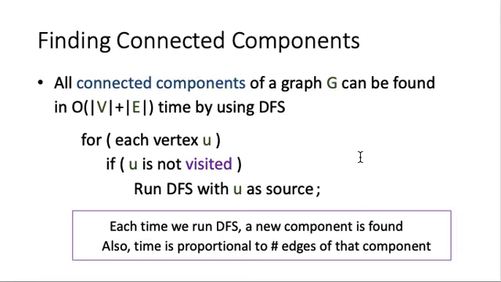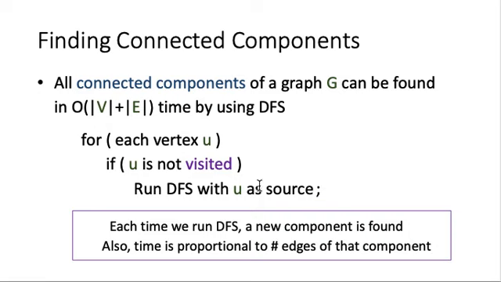The DFS method can also be used to find all the connected components of a graph G, just like BFS. If we apply the DFS method, it is also very simple. We check each vertex U. If U is not visited, meaning it is not discovered and not finished, then we run DFS with U as the source.